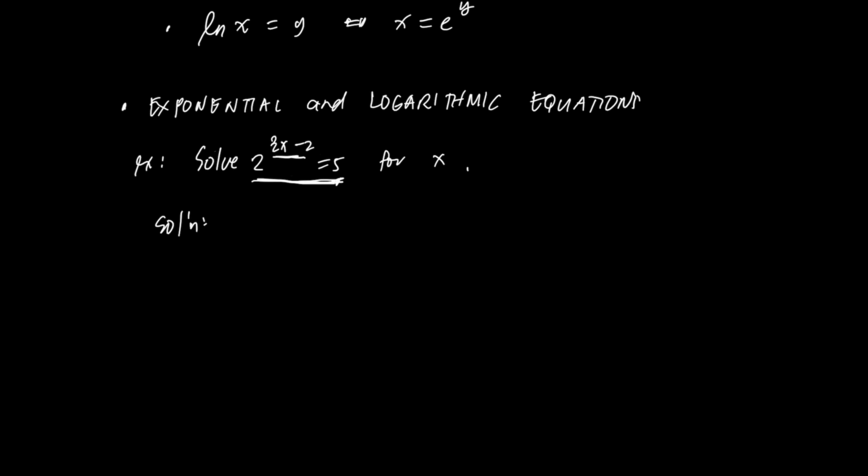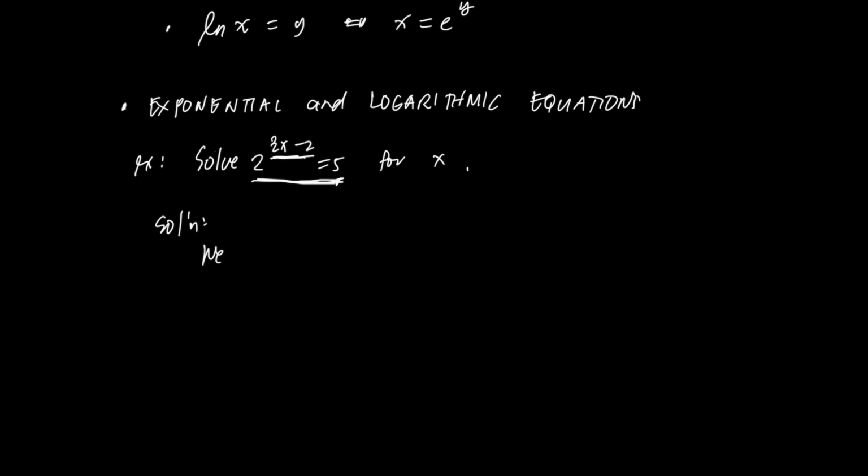So in that case, we will find another way. To solve this one, we will find ways to get the variable x out of the exponent. And we can only do that if we use logarithms.